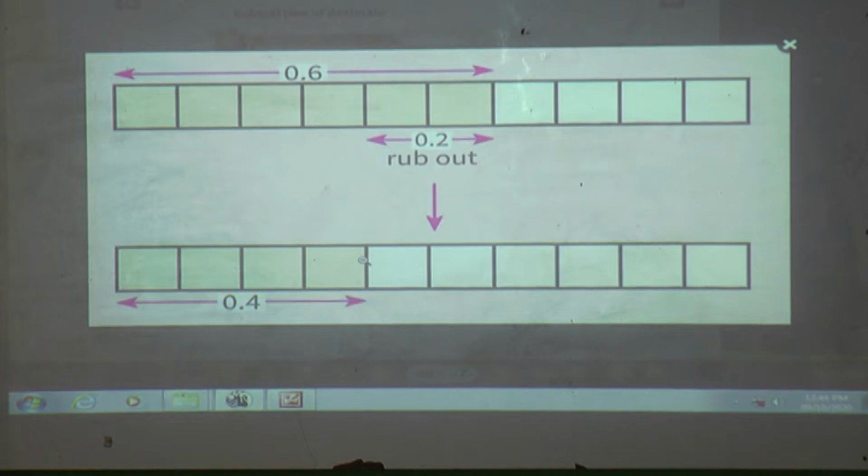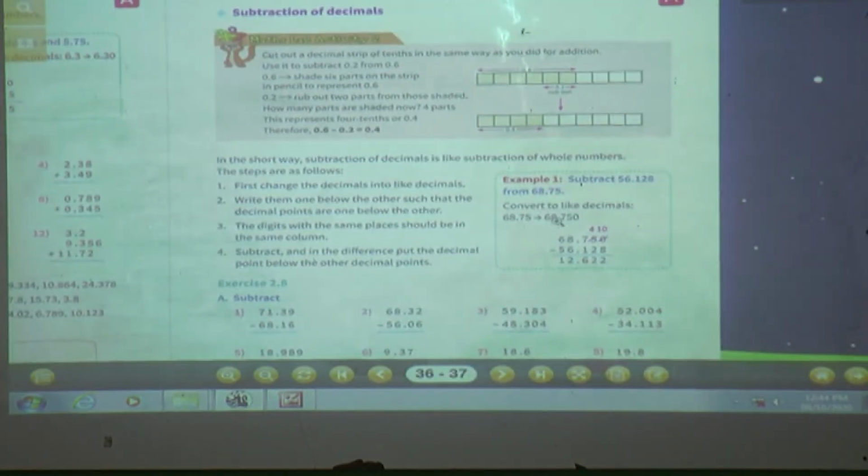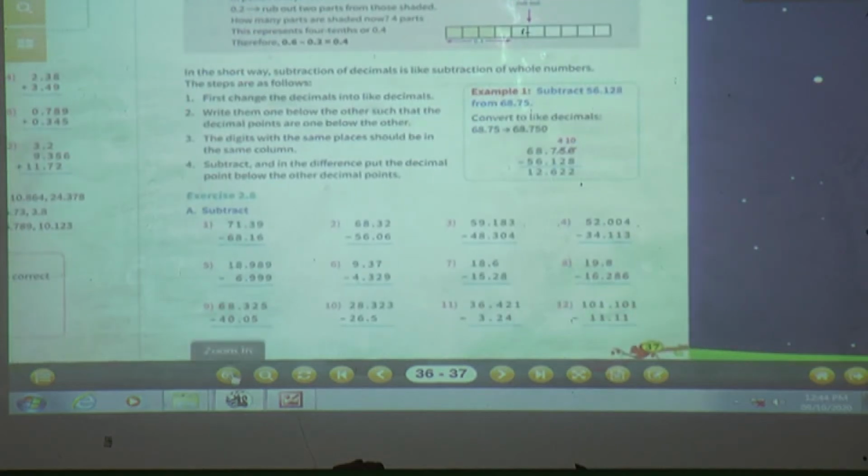So this represents 4 tenths. Therefore 0.6 minus 0.2 is equal to 0.4. Clear? This activity is also very easy. You are going to do it on your own at home. Okay? Clear? Yes, very good.